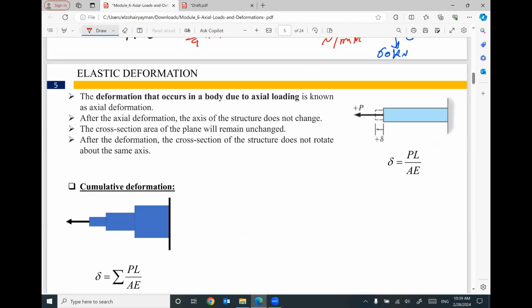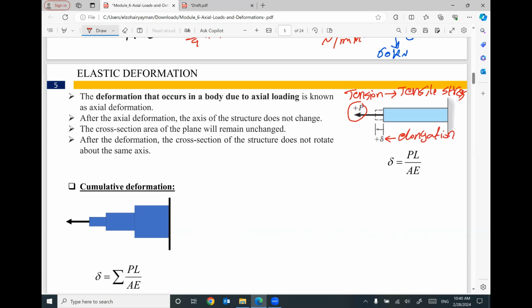Keep in your mind, we decided if we have axial stress, tension, or compression, we will have a change in the length of the member. If we have an applied force which is causing tension, this force will cause tensile stress, and this force will cause elongation.